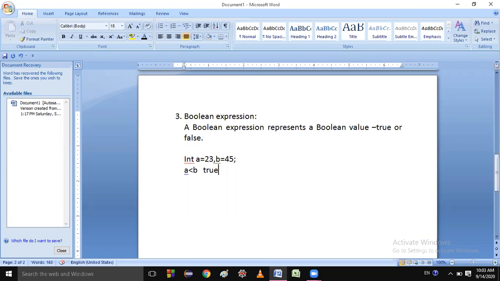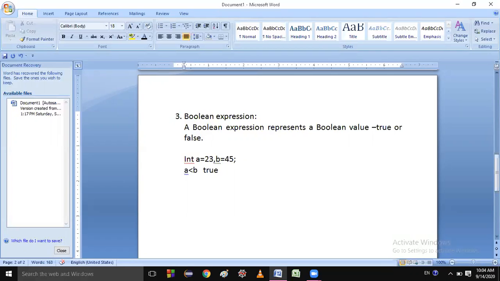Mixed expression has both real and integer values and arithmetic operators. String expression is in the form of strings. The plus operator is called the concatenation operator, because strings cannot be subtracted. If I write "Pramod" plus "Kumar", that is a string expression.